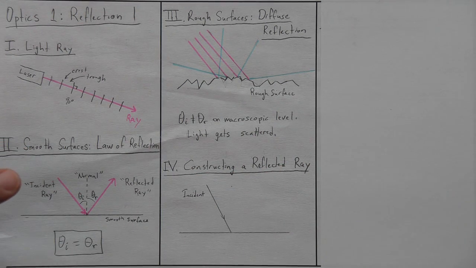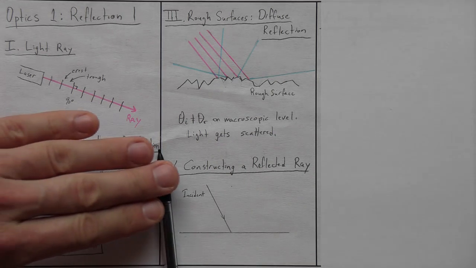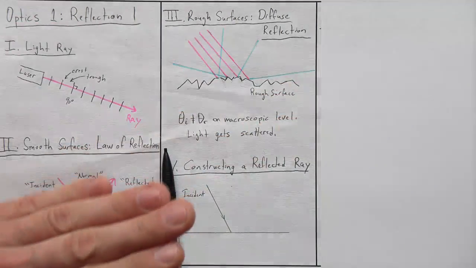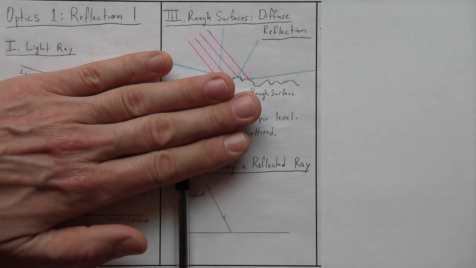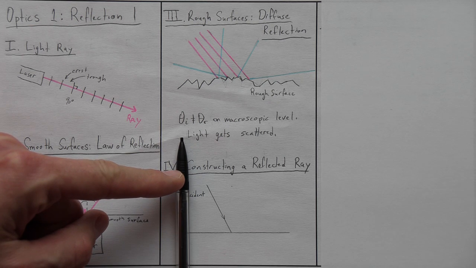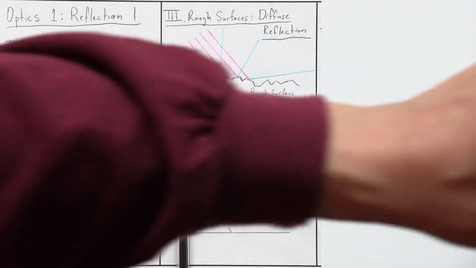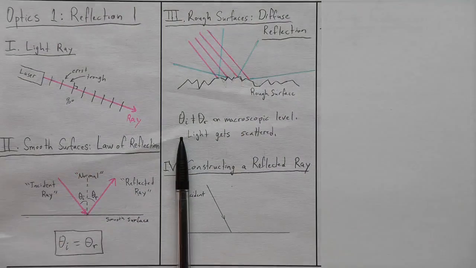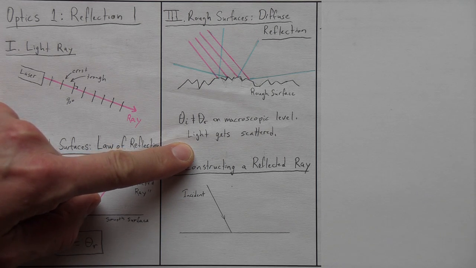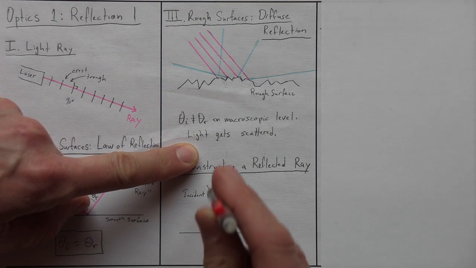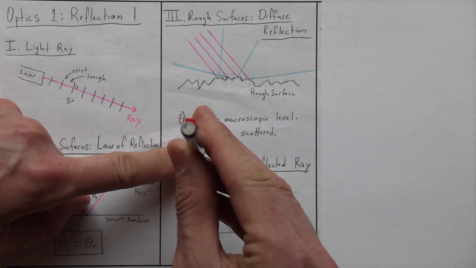If I were to take, in class I do this, I have a mirror here and I shine a laser down and then it bounces off and the light goes that way, then you would see if the mirror was perfectly smooth, you would not see any laser light hitting this point because 100% of the laser light would be going off in this direction and none straight at the camera. But if I shine the laser light at the piece of paper, now some of that light reflects straight at the camera.